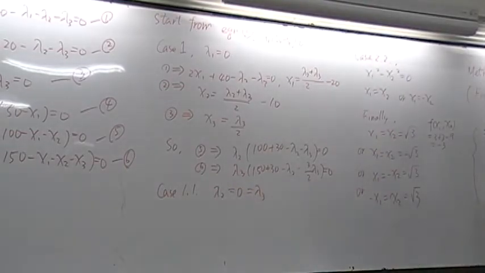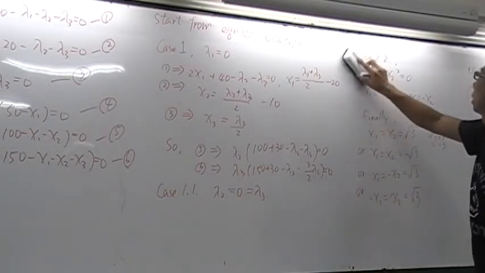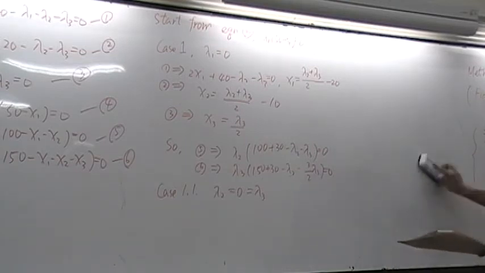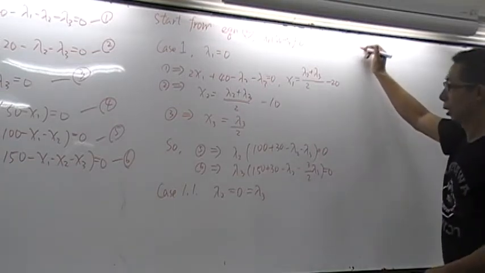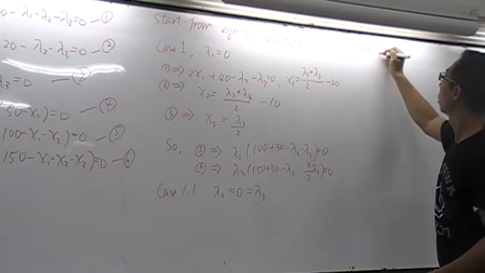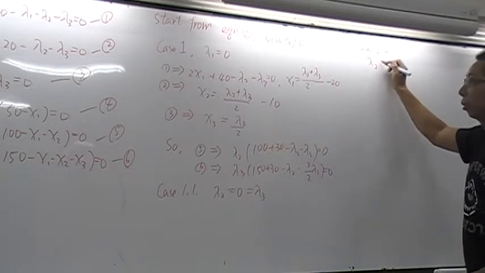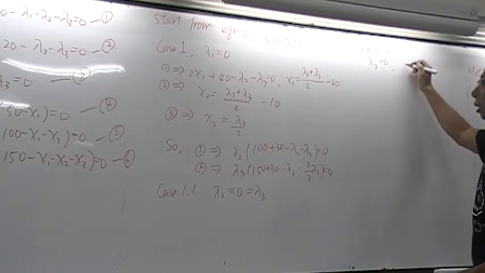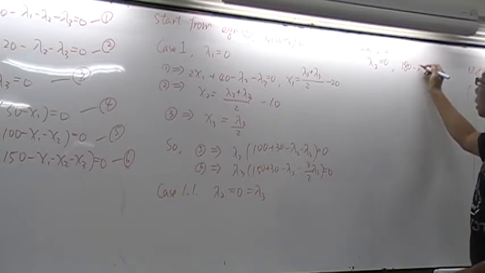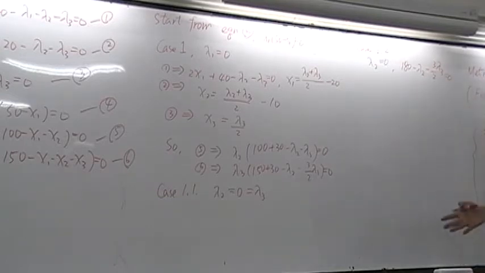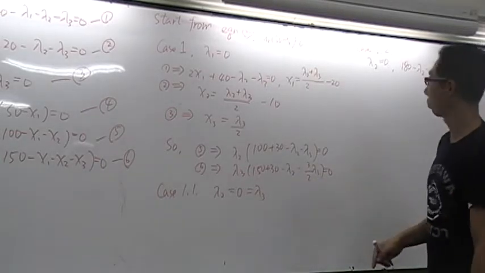So that's case 1.1, and of course you can imagine case 1.2 is lambda 2 equals 0 and 180 minus lambda 2 minus this times lambda 3 equals 0, right? And something like that. Well, let's start with case 1.1.